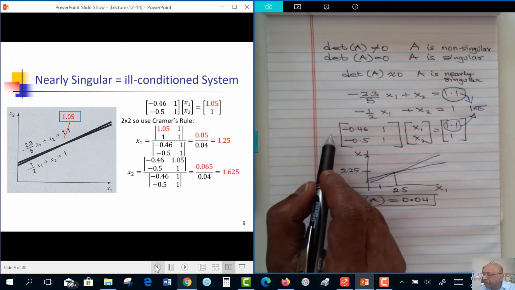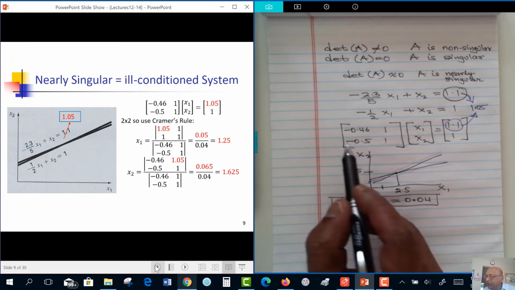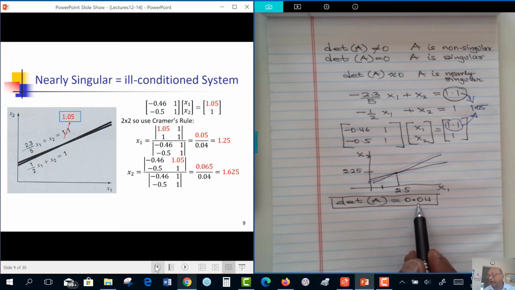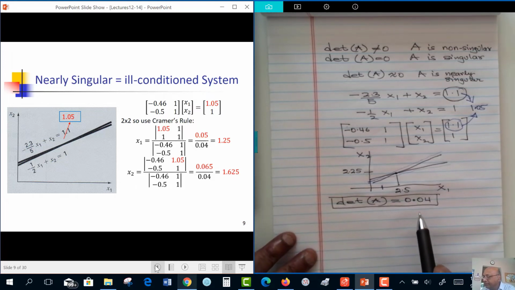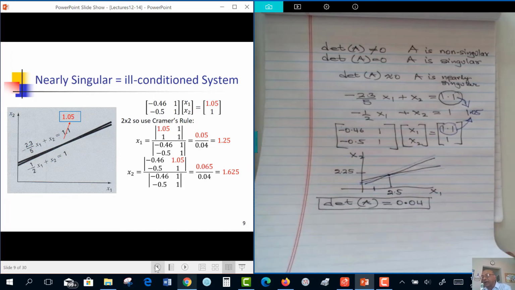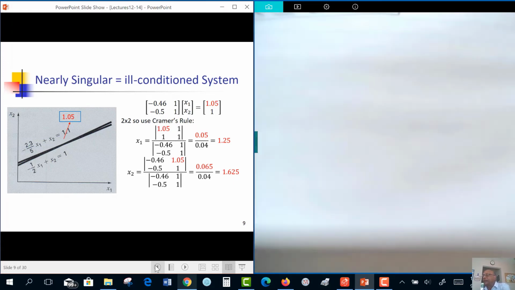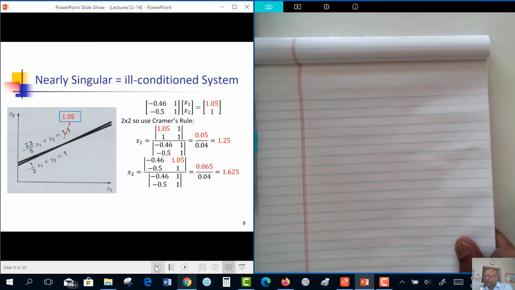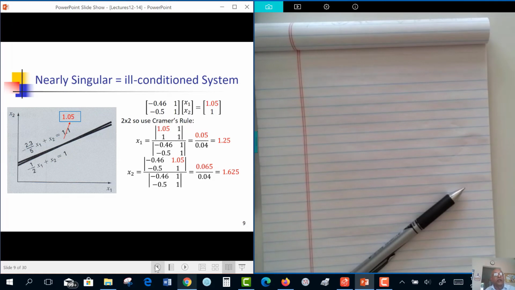But really, if I multiply both sides of the equation by 100, this will become 4. If I multiply it by a million, I'll have to calculate it, but you can see it becomes quite large. So I could just make the determinant of A as large as I want it to. Of course, my conditioning is not going to become any better. If the lines were nearly parallel, they will remain nearly parallel.